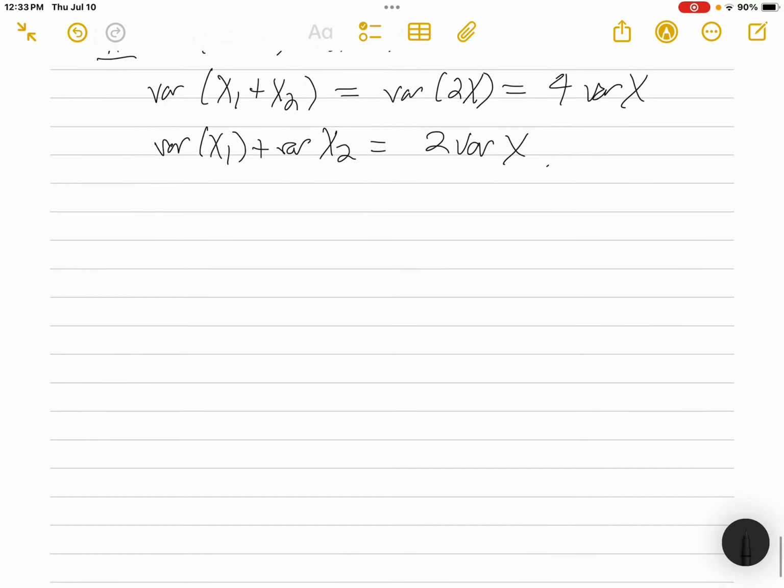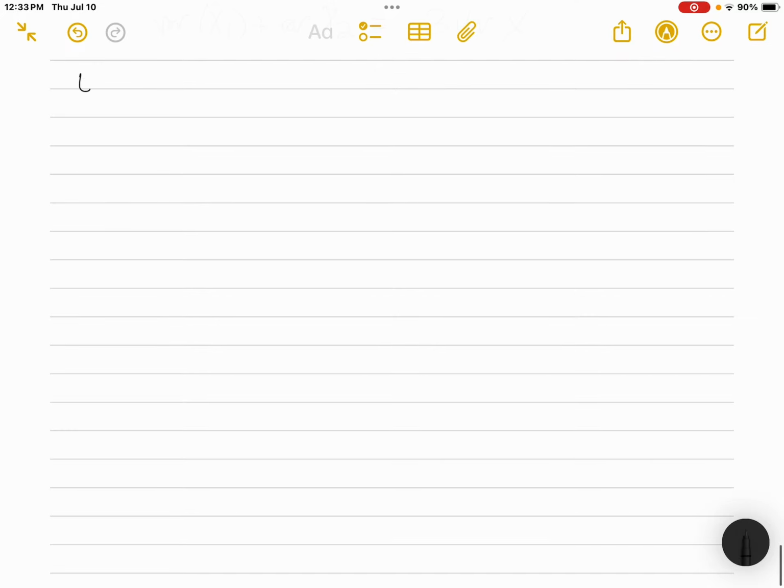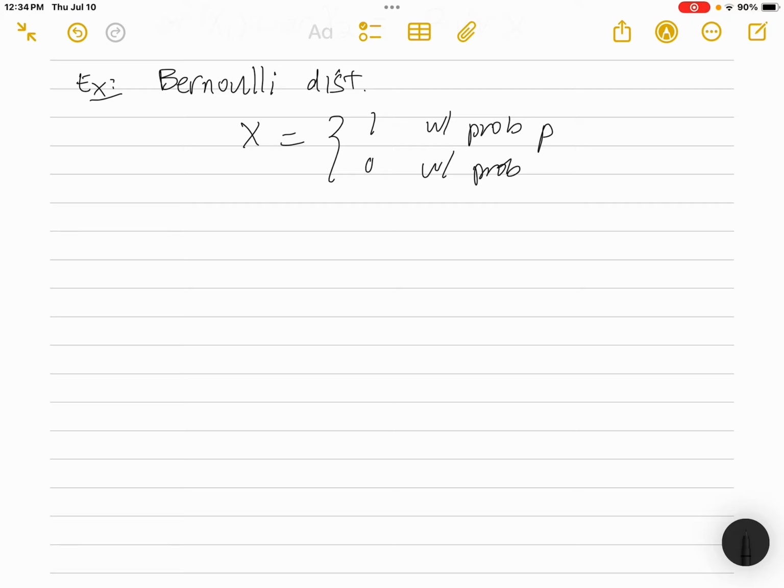So let's first find the variance of the Bernoulli distribution. Remember, that's when the random variable x is equal to 1 with probability p and 0 with probability 1 minus p, for some p between 0 and 1.